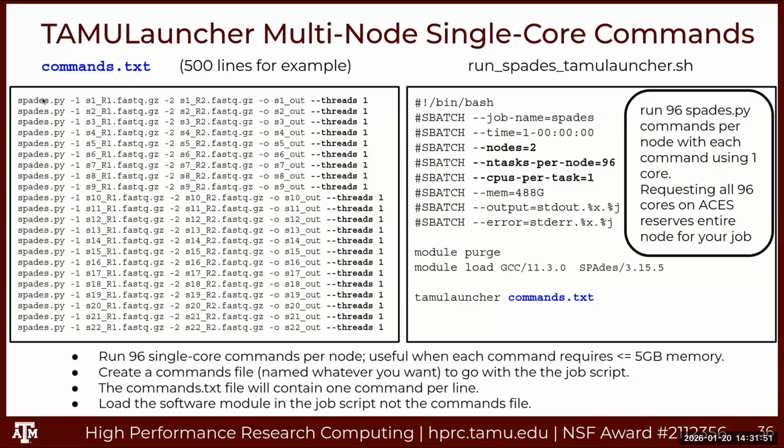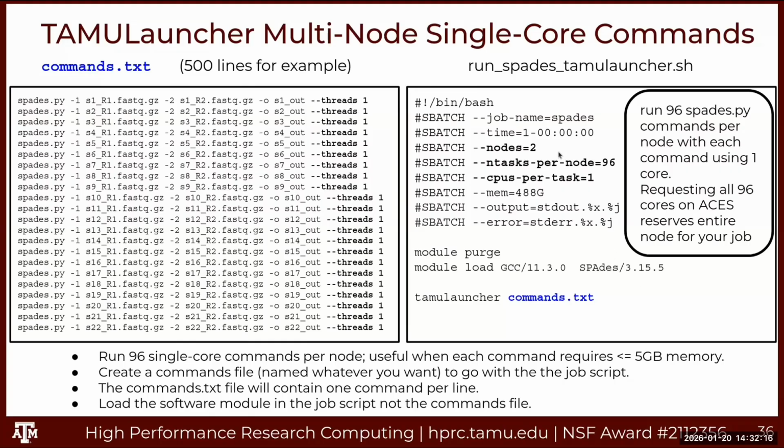This software, SPAdes, specifies cores or CPUs by using the option threads. Again, other software might use the option CPUs. So you specify one thread for this command. I'm only showing a few of the 500 lines in this file.